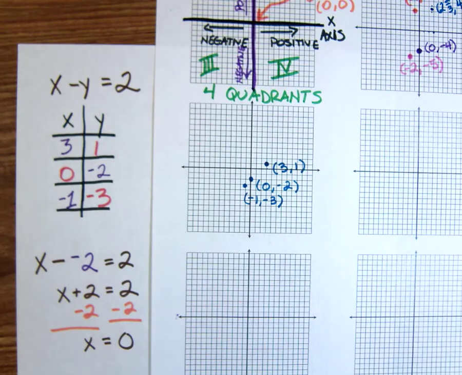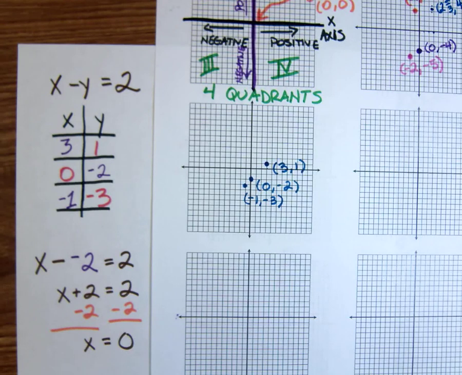There's my 3 points, and you can see where the line's going to be when I connect those 3 points. You can just see, connect those and it's going to make a line. Why did I ask you to do 3 coordinates instead of 2? Here's why. If you only do 2 coordinates and you mess up on one of them, you will still be able to draw a line through them.